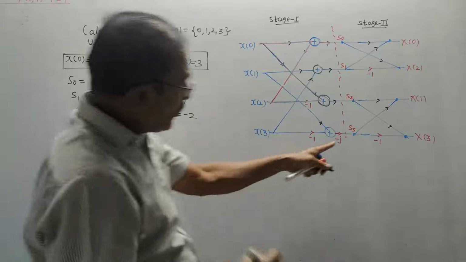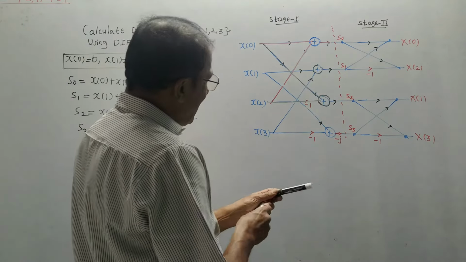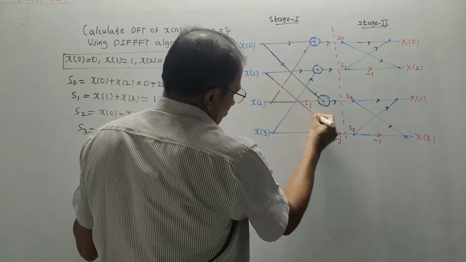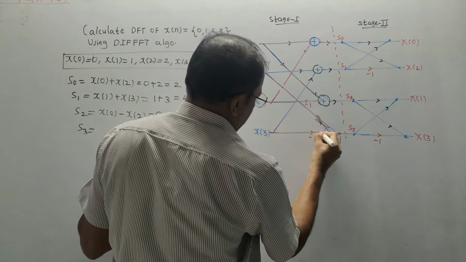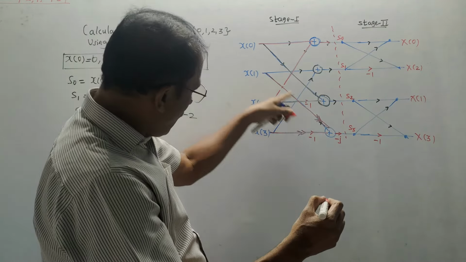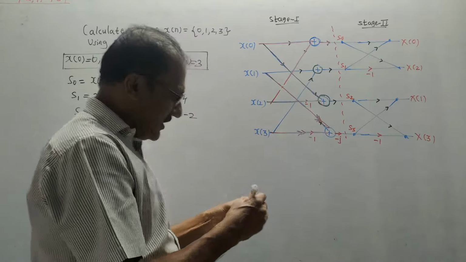S3. Again, don't make the mistake. This term contains -j. So S3 will be this line x of 1, this line and this line multiplied with minus 1. So it is x of 1 minus x of 3 and it is multiplied with minus j.